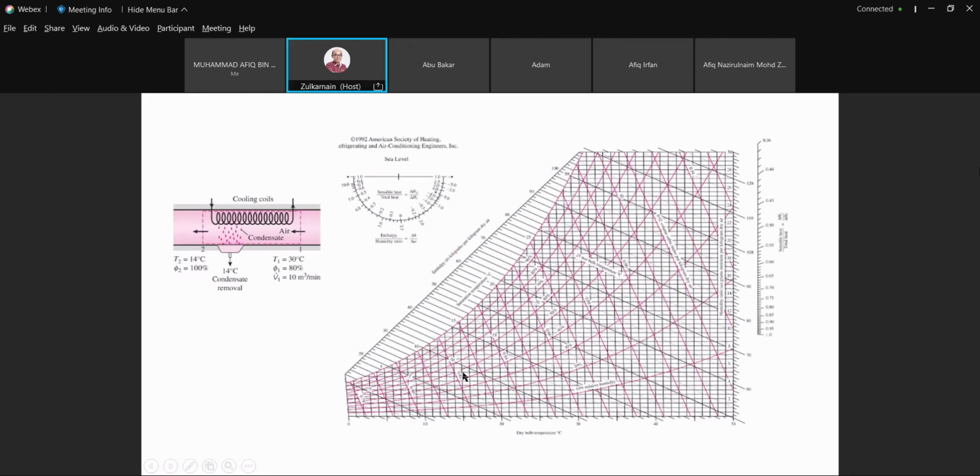So this is the one that we have. Point 1 and then point 2 wrongly plotted. Then that is the process 1 to 2. 1 to X is the sensible heat. And then after that condensation occurs 1 to 2.